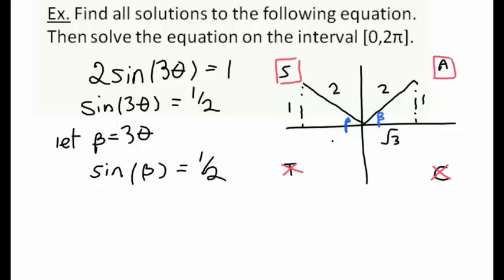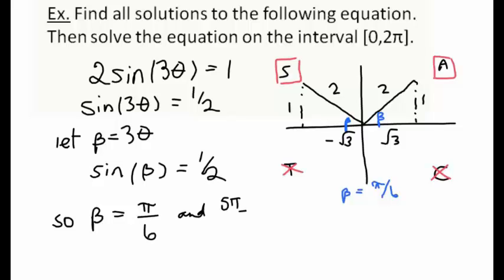So this implies that we have a 1 to root 3 triangle, and that our reference angle beta must be 30 degrees, or pi by 6 radians. So the two values that are going to satisfy sine beta equals 1/2 are pi by 6 radians and pi minus pi by 6. So we have pi by 6 and 5 pi by 6.